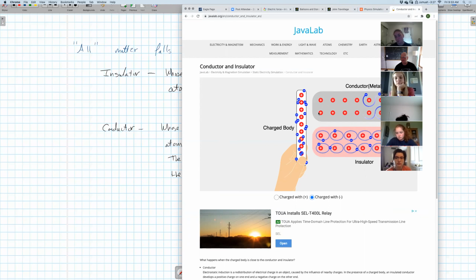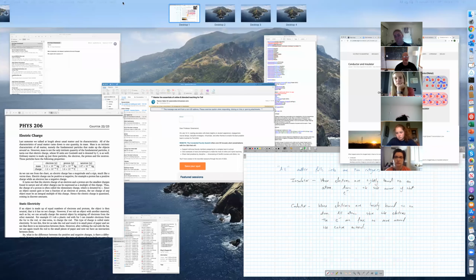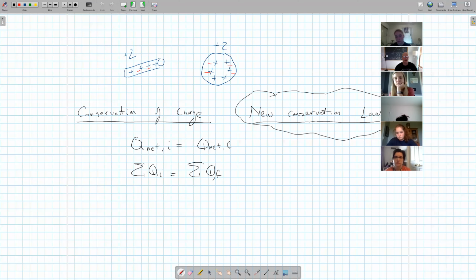In the conductor, since these negative charges are being repelled by the charged body, all the negative charges will move to the opposite side, so that this side becomes, on average, negatively charged and this side becomes positively charged. That gives us polarization throughout the entire material, which is what we saw going back to our induction.